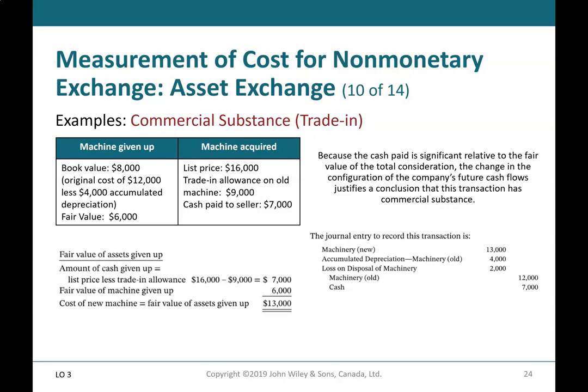And credit cash for $7,000. Calculation of loss on disposal of used machine is fair value of used machine $6,000, carrying amount of used machine $8,000, loss on disposal of used machine $2,000.